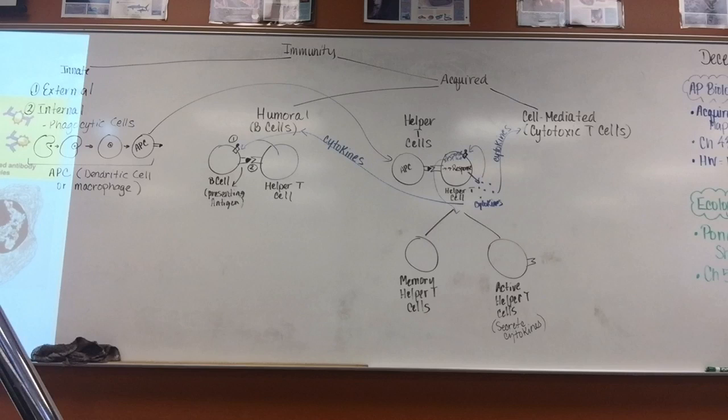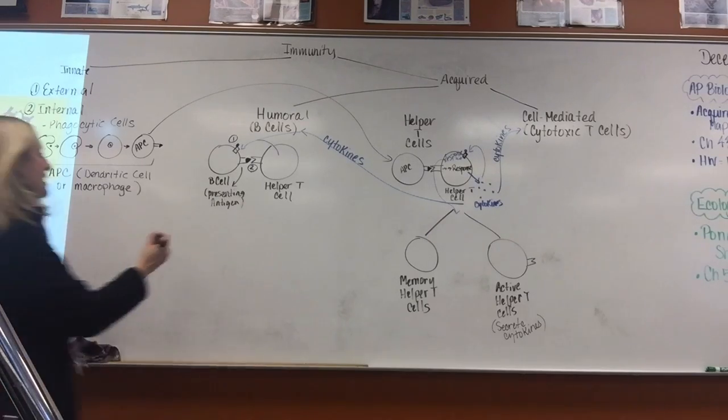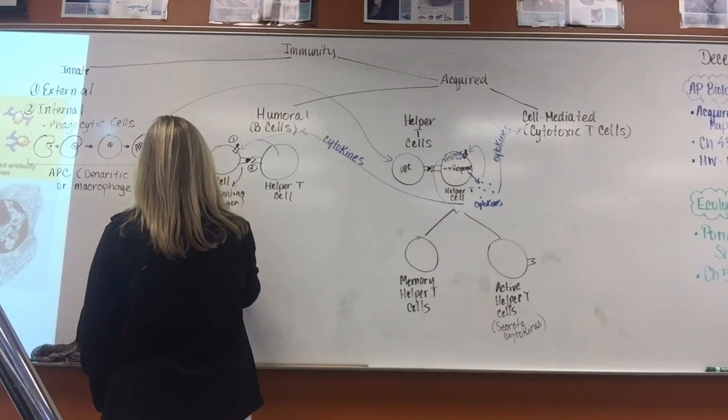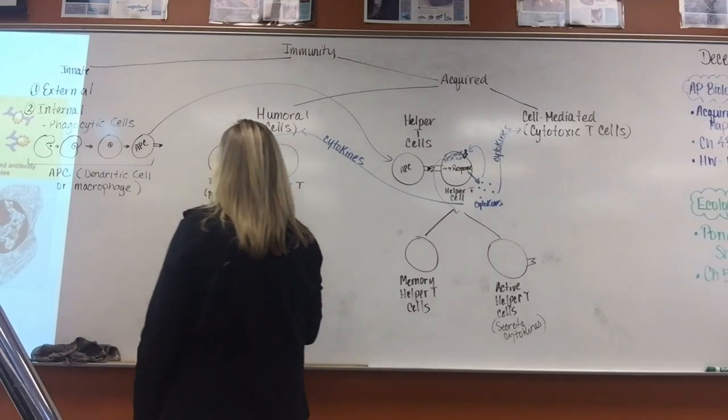So that's what you're seeing here in this picture: it divides and makes clones of itself, but it also differentiates and makes plasma and memory cells. So that's what I want to talk about next.